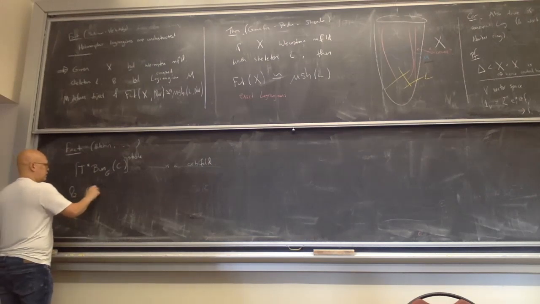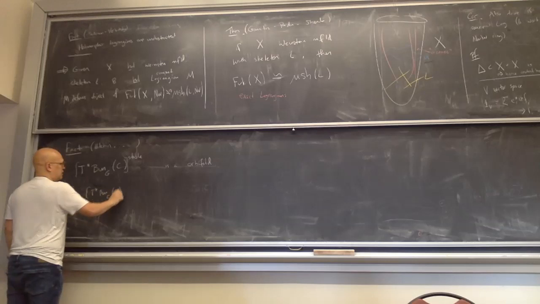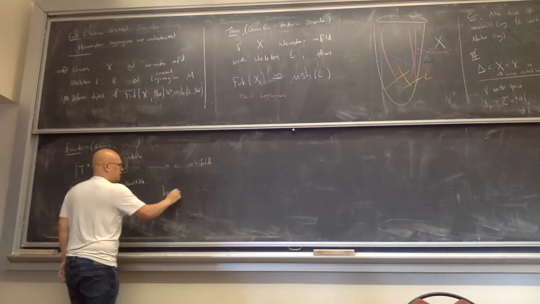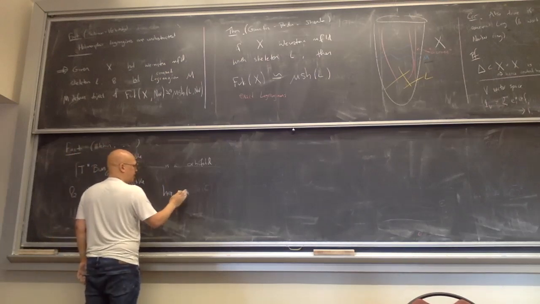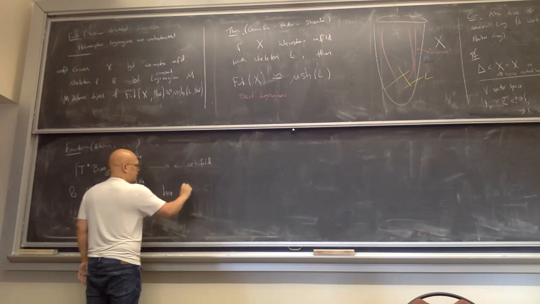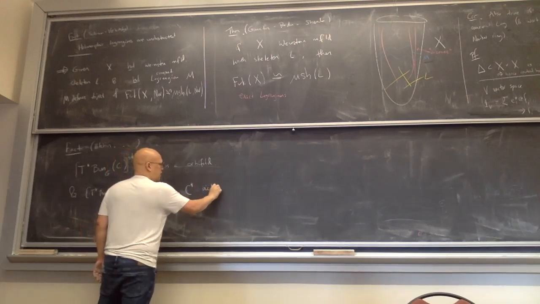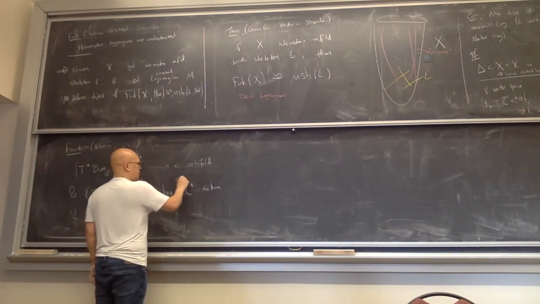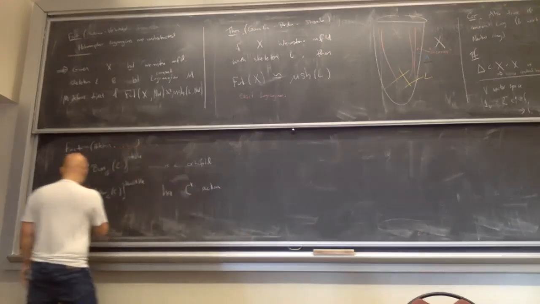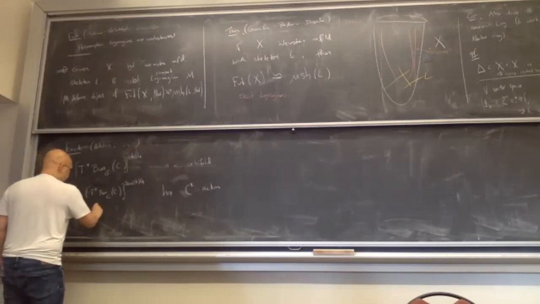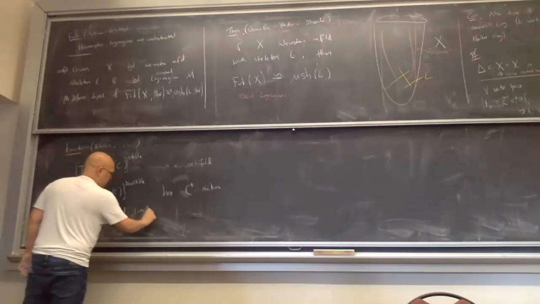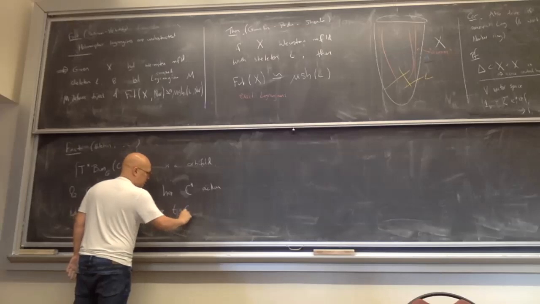And this T star Bun_G C semi-stable has a contracting C star action, a contracting C star action with well-defined limit as t in C star goes to 0.